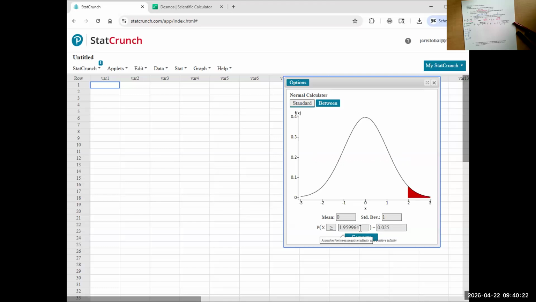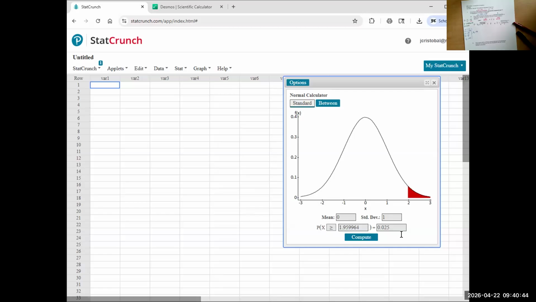We get that positive now, right? That 1.95. So with all that work, with our normal calculator, we see that cutoff value. We're going to round it to 2 decimal places, which is what we do with our z-scores, 1.96. When I take that long decimal and round it to 2 decimal places, that 5 rounds up because of this 9.